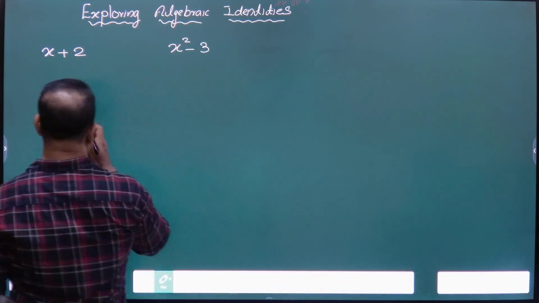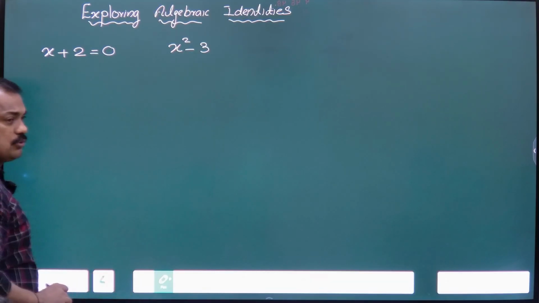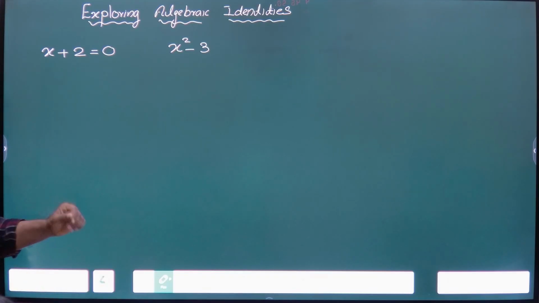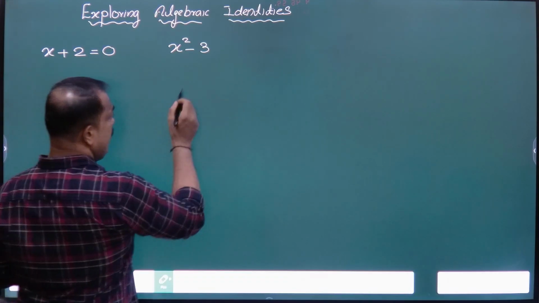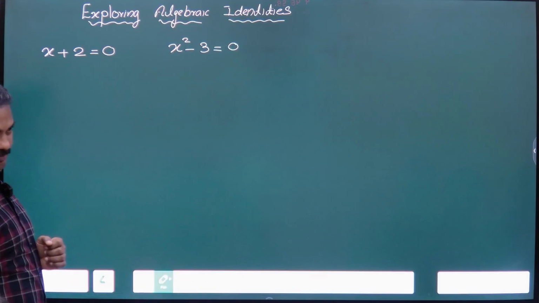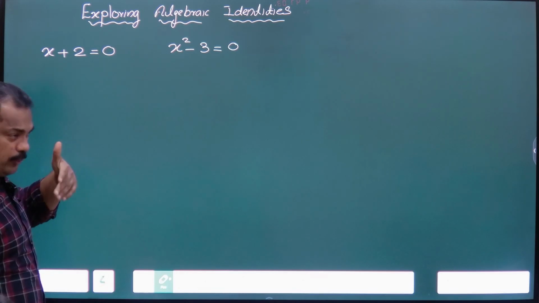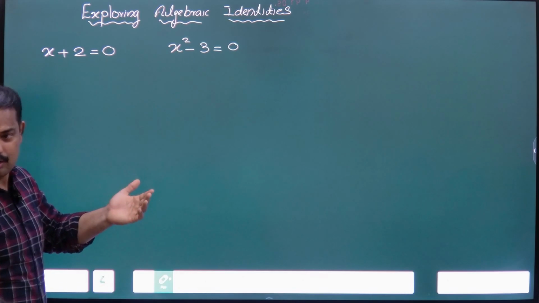And if this is equal to 0, it is called an equation. X squared minus 3 equal to 0 is called an equation. When a polynomial expression is equal to something, it is called an equation.